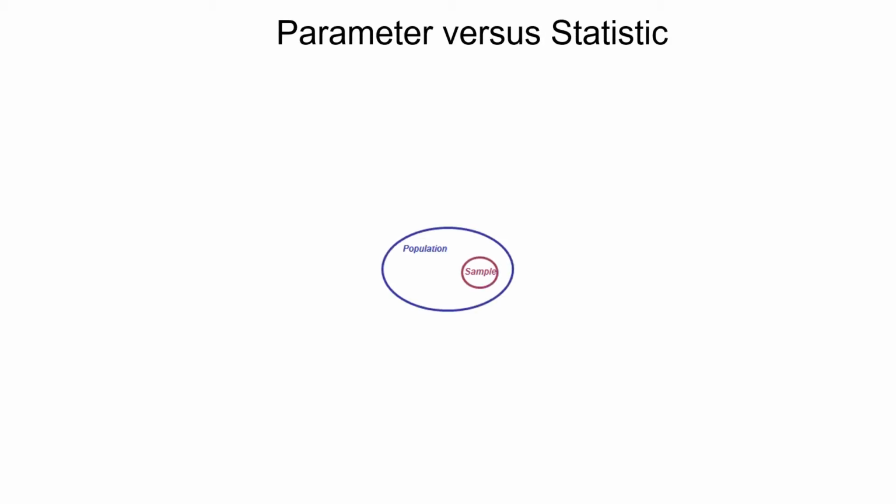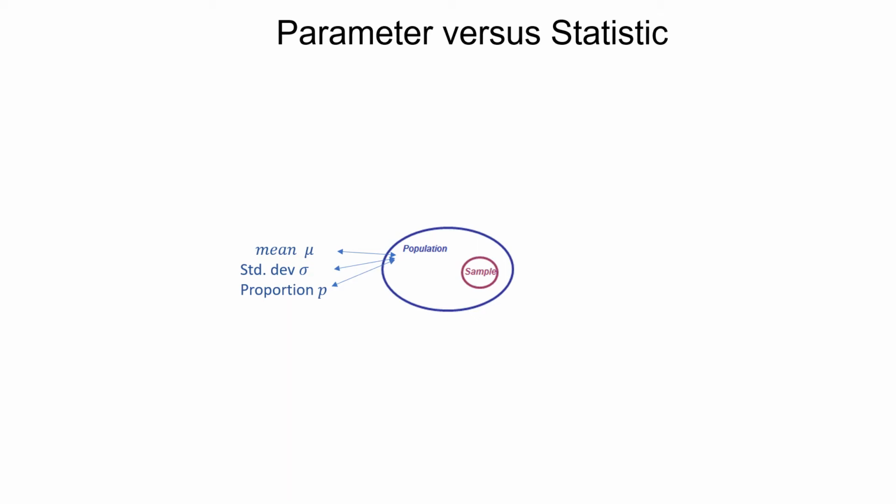Now, the difference between a parameter and a statistic can be described using the population and the sample. The whole picture, the entire group, is the population. And the results you get for a population can be, say, mean, standard deviation, and proportion.